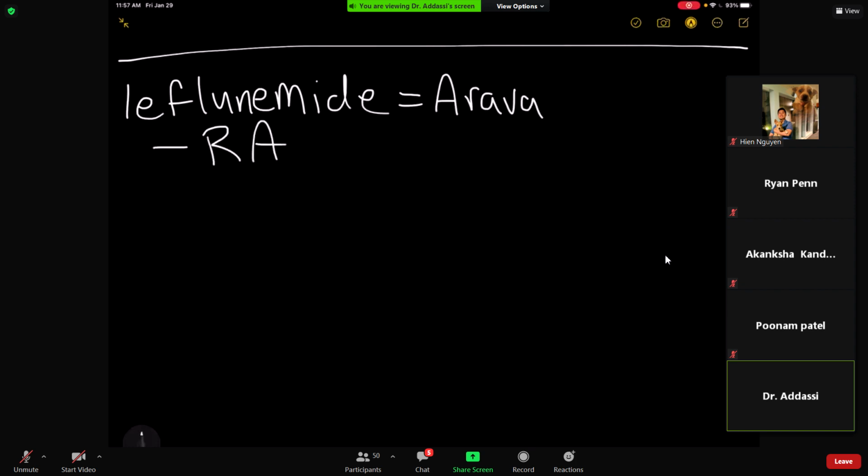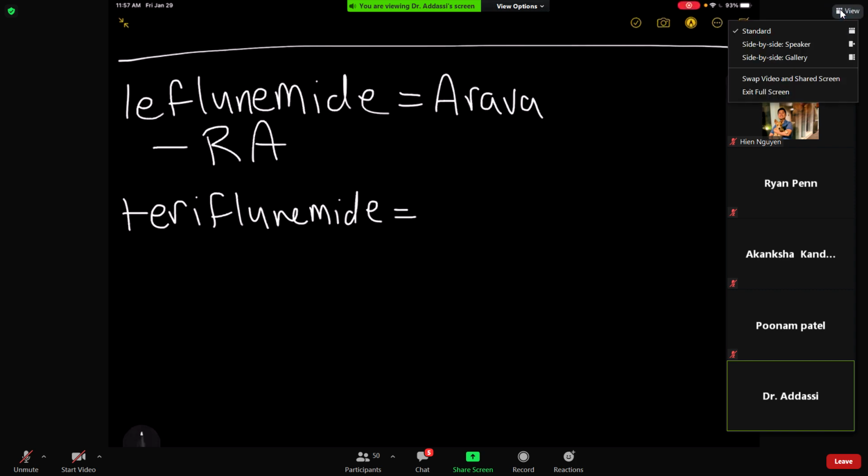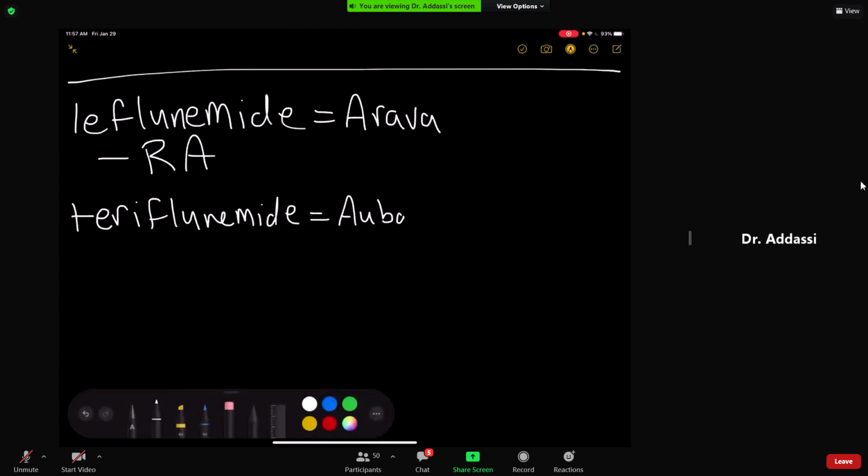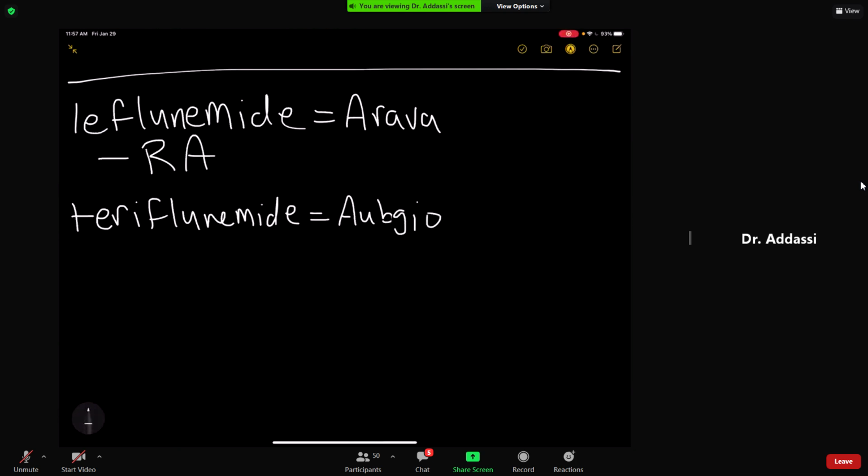We also have its cousin, teriflunomide. Brand name for this one is Aubagio. This is an MS drug. These two medications are extremely harmful. They're extremely teratogenic.